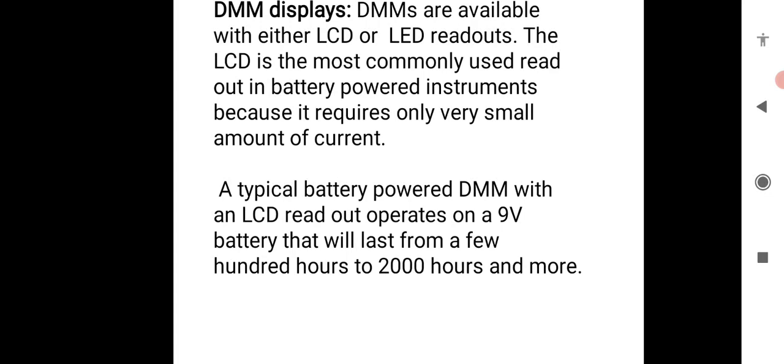It is available with either LCD, liquid crystal display, or light emitting readouts. The LCD is the most commonly used readout in battery powered measurements because it requires only a very small amount of current. A typical battery in a DMM with an LCD readout operates at a voltage of 9 volts and lasts a few hundred hours to 1000 hours and more.